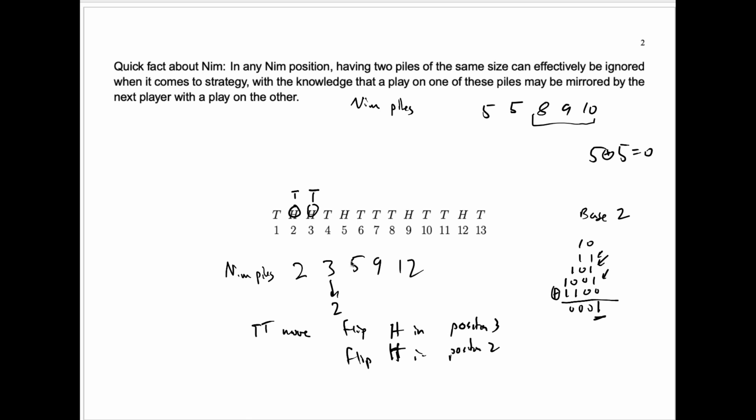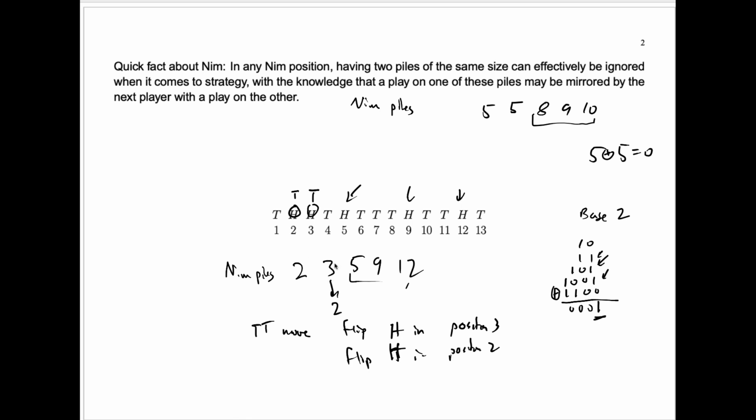Well, that corresponds to eliminating the 3 pile, as well as eliminating the 2 pile. Now we only have left this 5, 9, and 12. We only have left the H in position 5, 9, and 12. So it looks like that corresponds to a nim move of taking away all of the 3 pile and all of the 2 pile together.